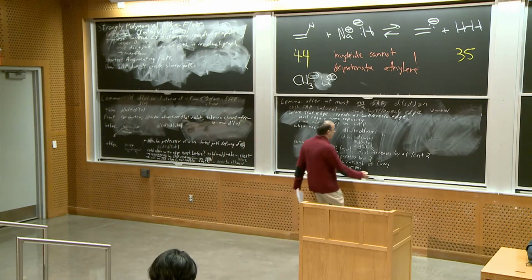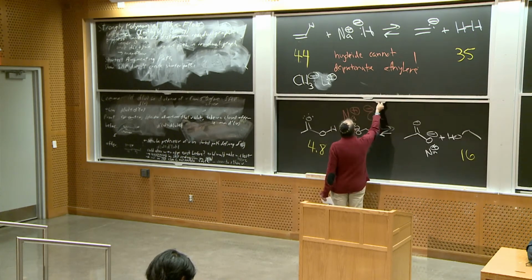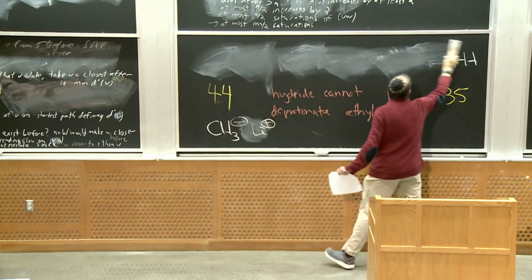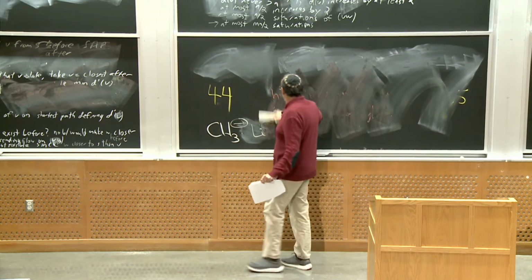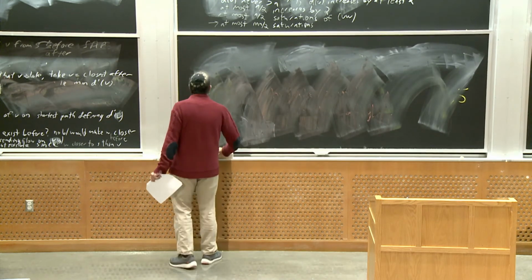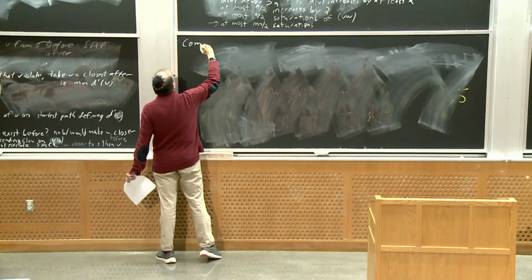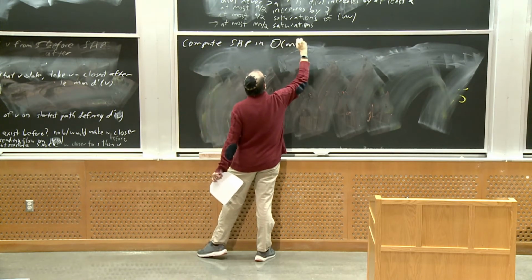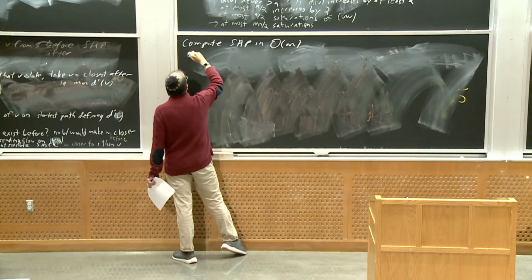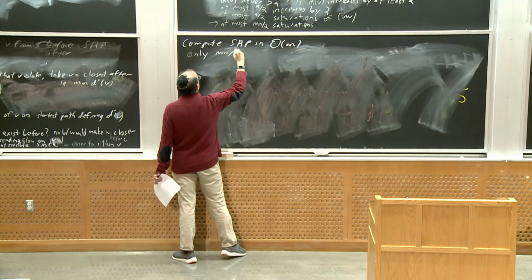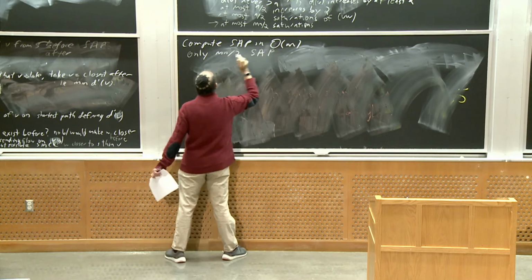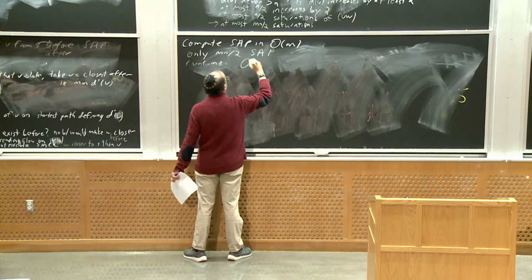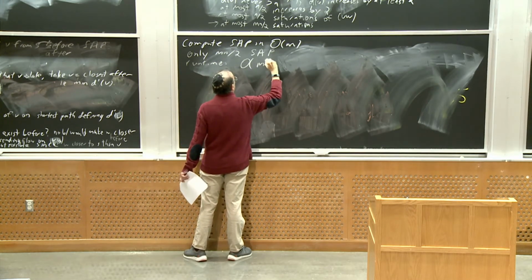All right then. Well, this lemma was all we needed, right? So we know we can compute a shortest augmenting path in order m time. We know that there are only mn over 2 shortest augmenting paths, and that means that the runtime of the shortest augmenting path algorithm is order m squared n.